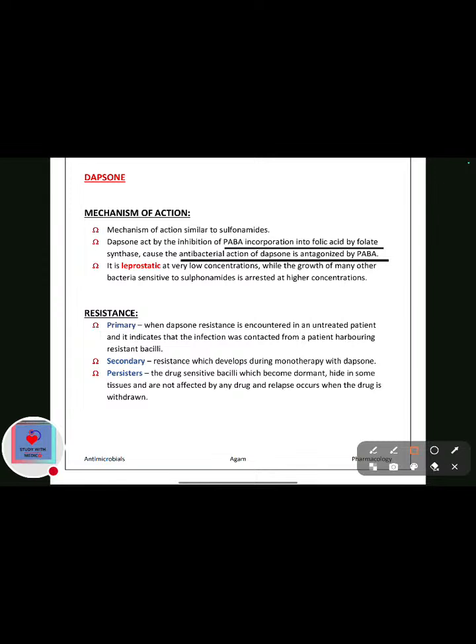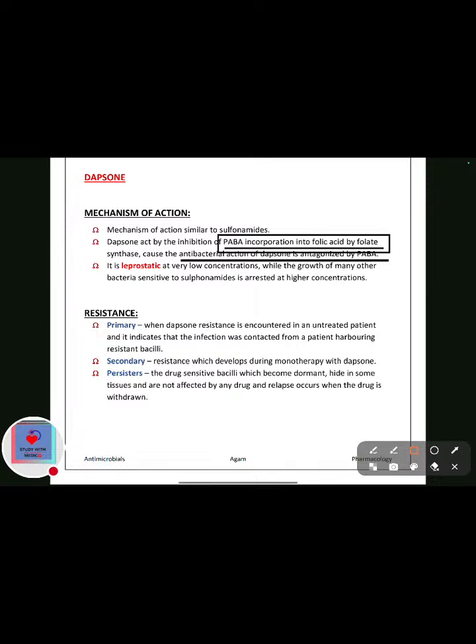So dapsone acts by inhibition of PABA. Of PABA, dapsone acts by inhibition of PABA incorporation into folic acid by folate synthase cause the antibacterial action of dapsone is antagonized by PABA at very low concentration, while the growth of many other bacteria sensitive sulfonamides is arrested at higher concentrations. So mechanism of action is similar to the sulfonamides. Dapsone acts by inhibition of PABA incorporated into folic acid by folate synthase cause the antibacterial action of dapsone is antagonized by PABA. It is leprostatic at very low concentrations, while the growth of many other bacteria and sulfonamides is arrested at higher concentrations. Mechanism of action to sulfonamides is dapsone acts by inhibition of PABA.